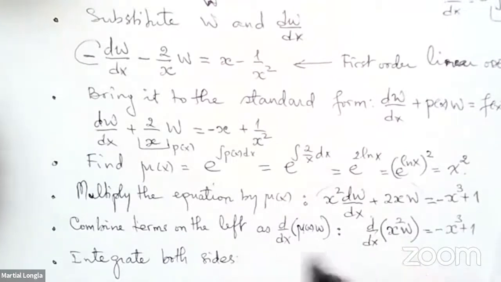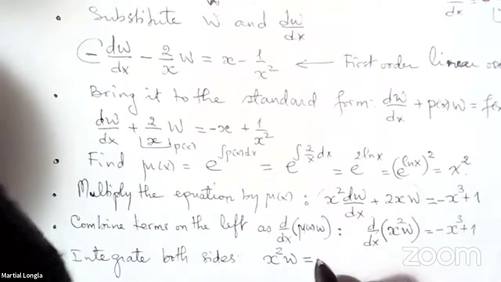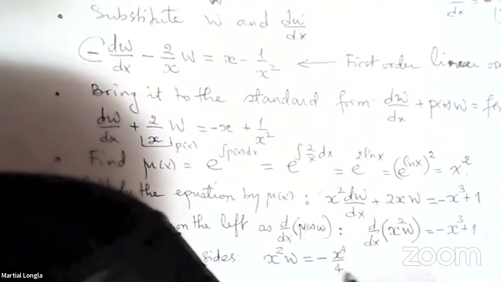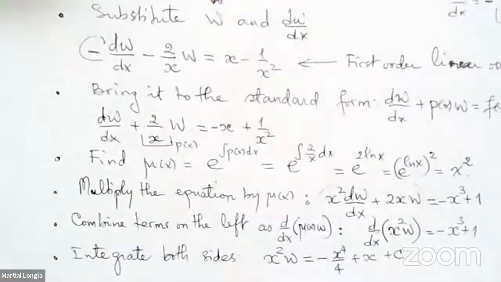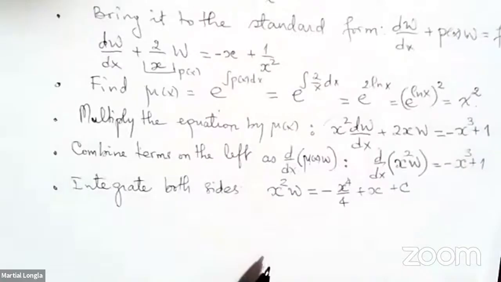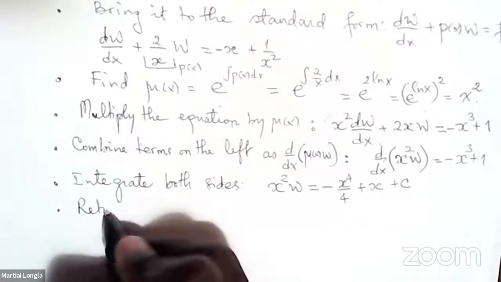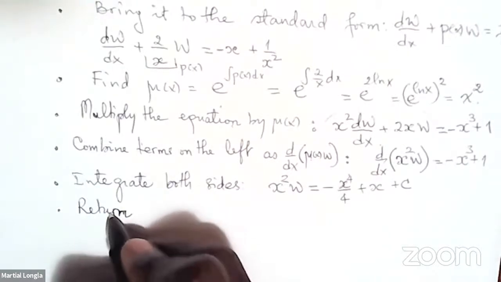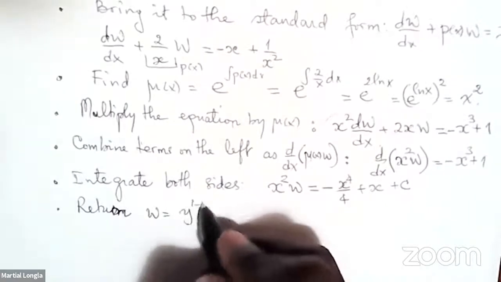So when you integrate the left, you get x squared w. You integrate the right, you get negative x to the fourth over 4 plus x plus a constant of integration. And the next thing to do now is to return to w equals y to the 1 minus n.